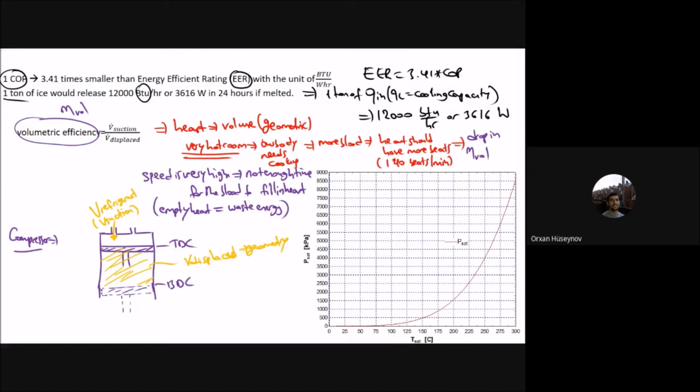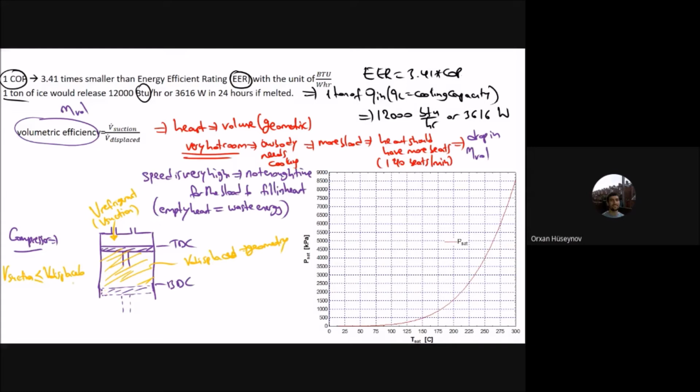Say that the displaced volume of the compressor is 1 meter cubed, but the suction will be 0.8 meter cubed. So V suction will be less than V displaced. At the maximum, it will be equal for the ideal case, but in reality, it will be less.